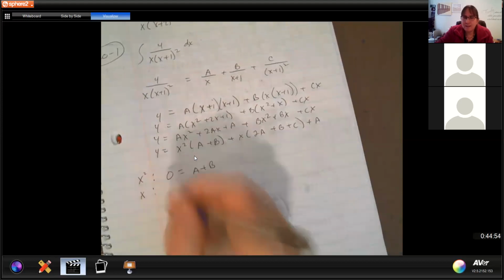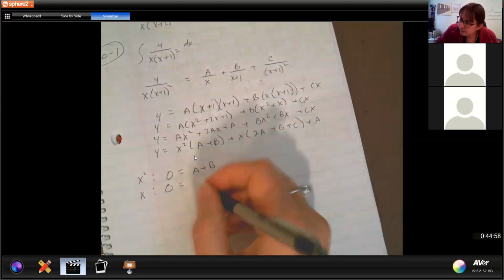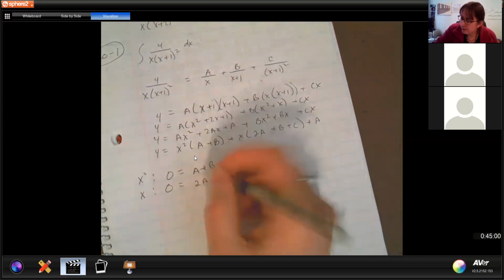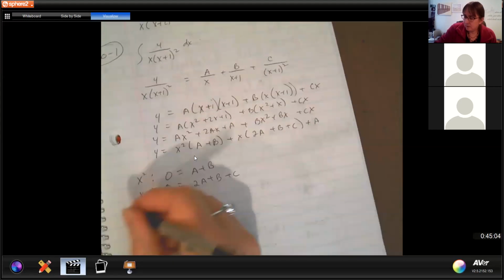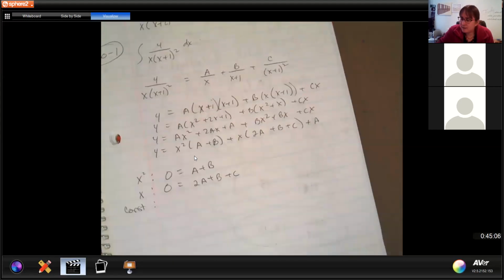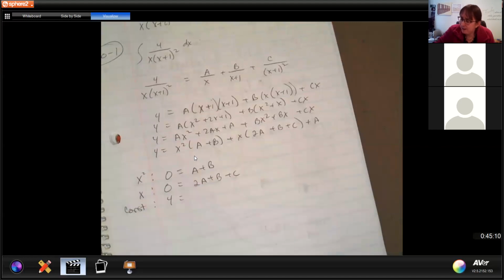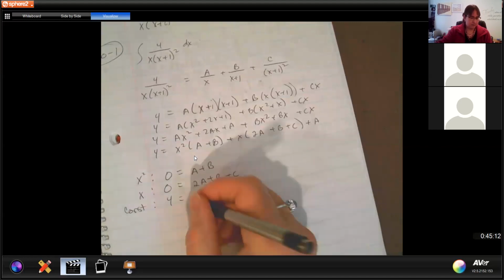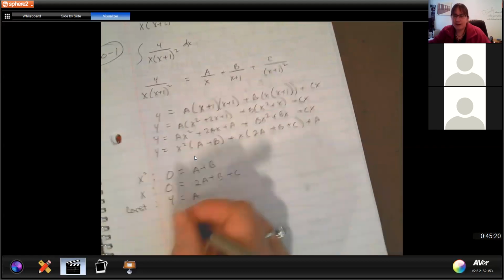I don't have any on the left, but I have 2A plus B plus C on the right. And then I gather all the constants. I have a 4 on the left, and I have an A on the right. So A is going to equal 4. No math for that one.